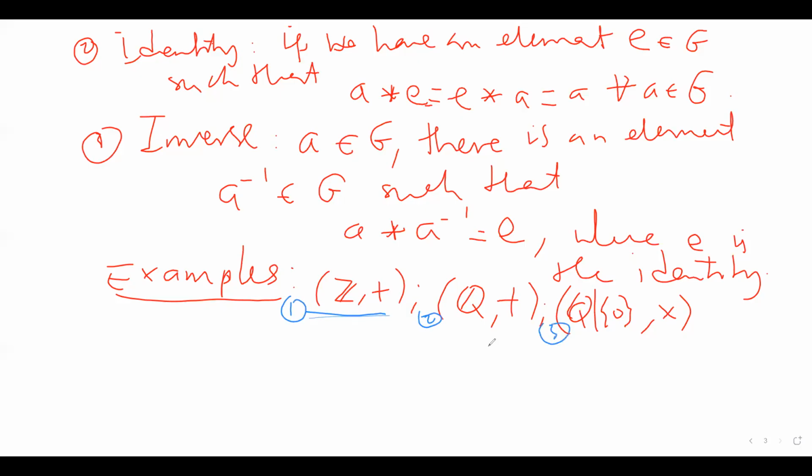To show that one is a group, you need to make sure that you satisfy the axioms that we just spoke about. Let's take the first one, the integers with plus, and show that the operation is closed under these axioms.